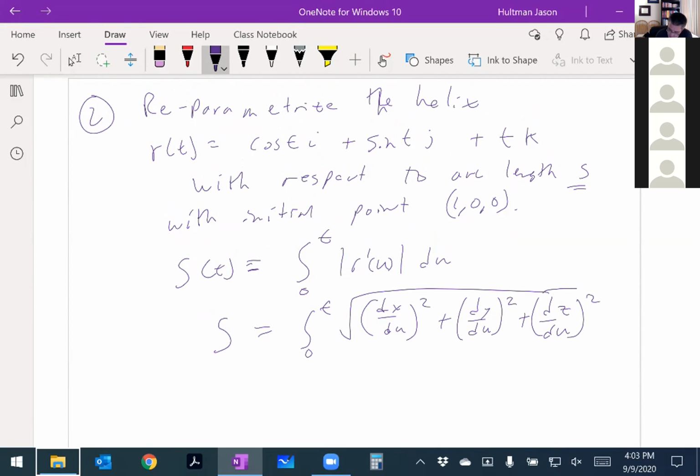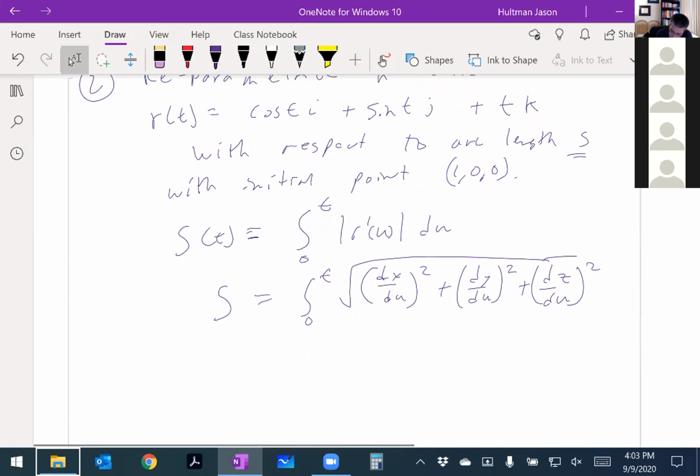We take the derivative of r and evaluate at u to get this r prime of u.